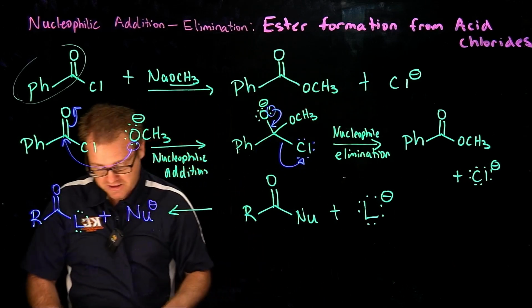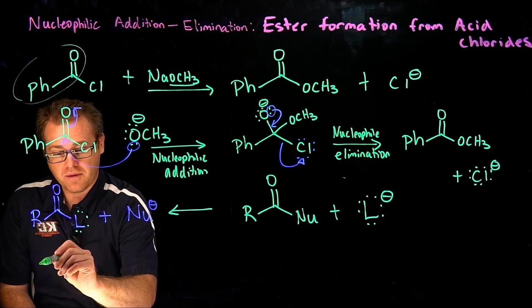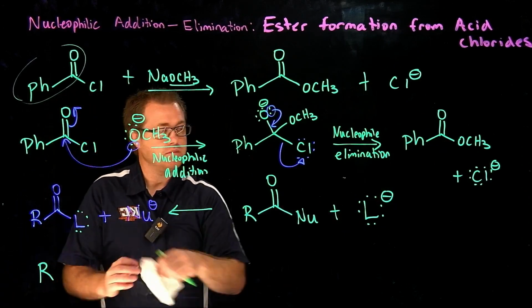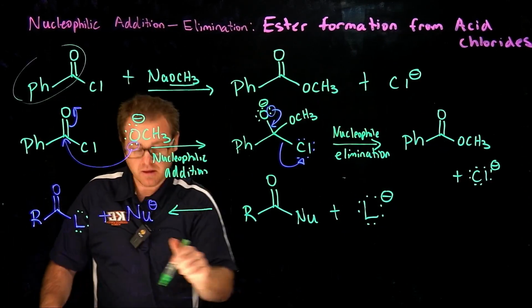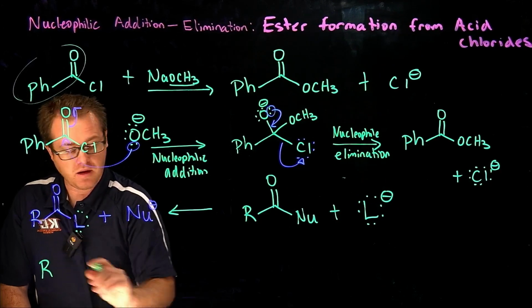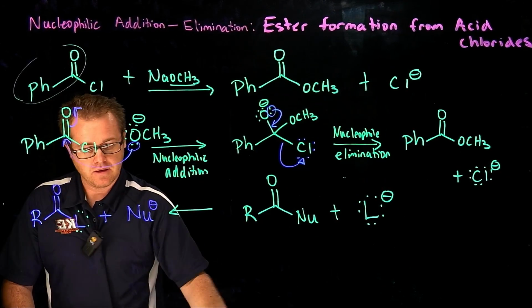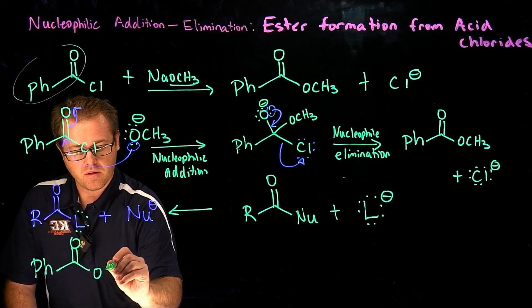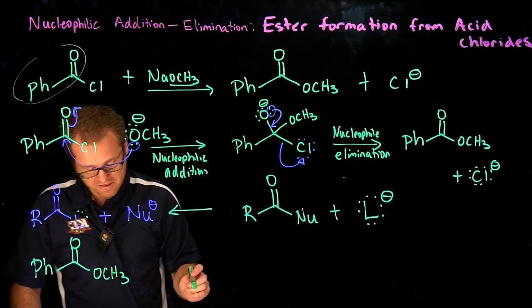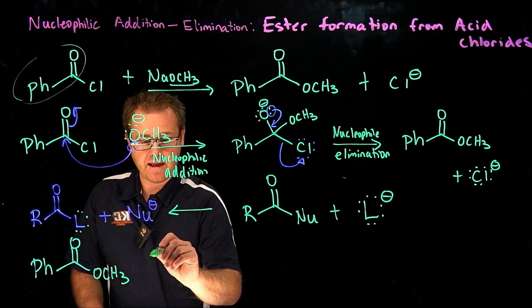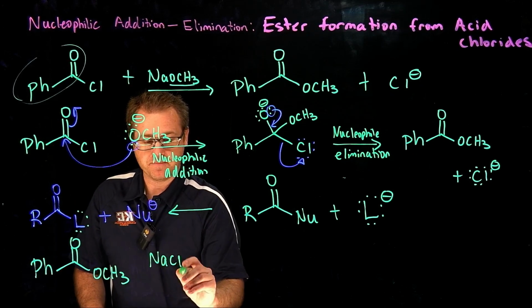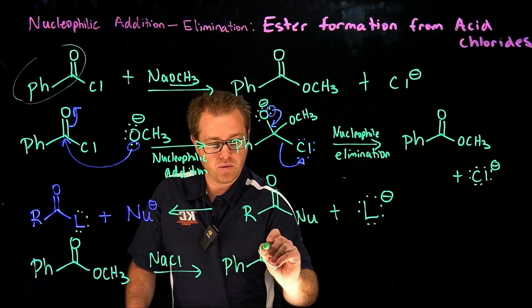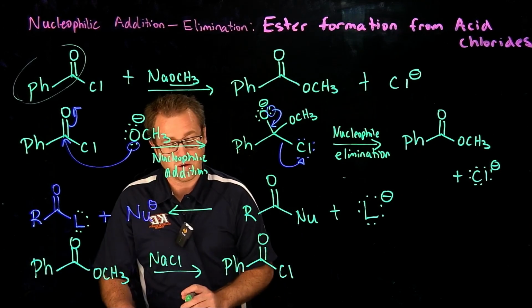But if you compare something a little bit different, what if I had this product right here? What if I had that and I treated that with sodium chloride? Would we get this as my product? Would I get an acid chloride?